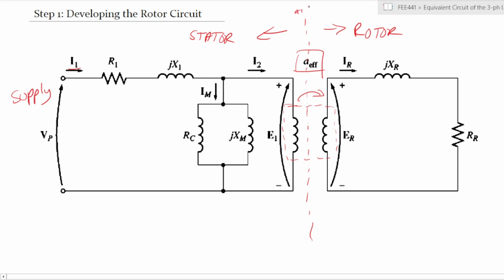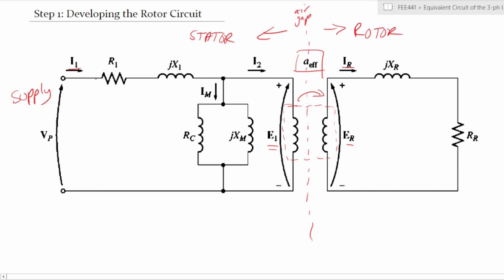When the magnetic field jumps across and induces a current in the rotor, that is the current and the voltage E1 that is seen by the rotor as its supply. So current I2 and voltage E1 are transformed through the windings into voltage ER and current IR. So the supply is ER and the current is IR.